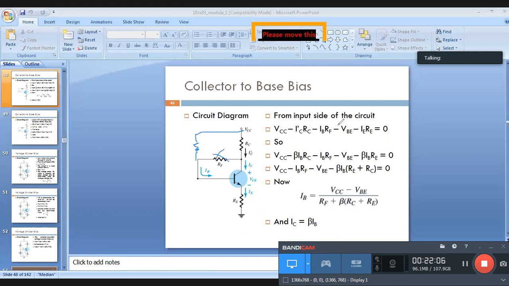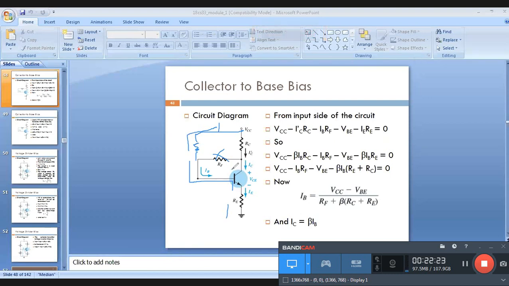See here, applying the input voltage. This is my VCC. IB into RB minus VBE minus I into RE is equal to 0. Before that, you can take beta also.